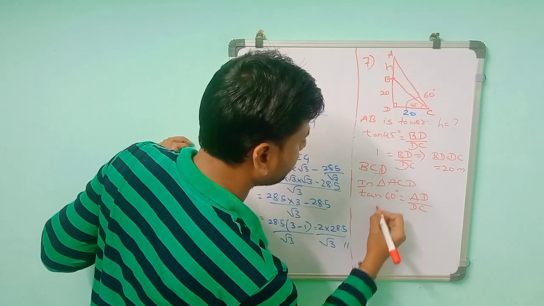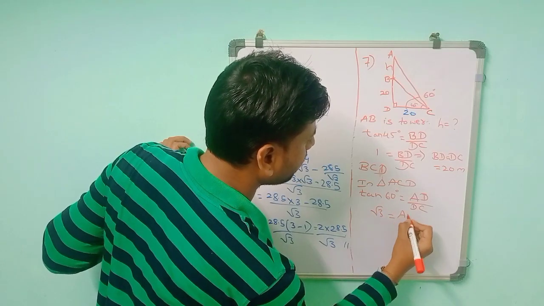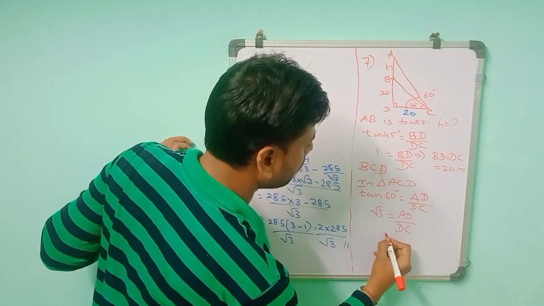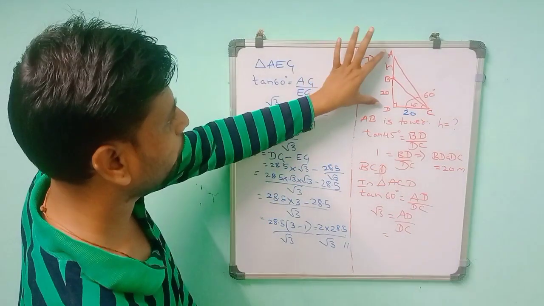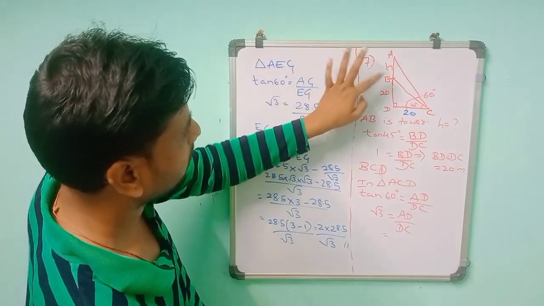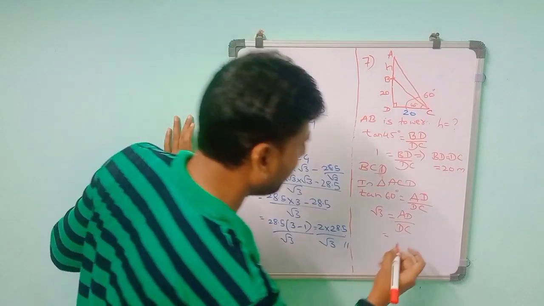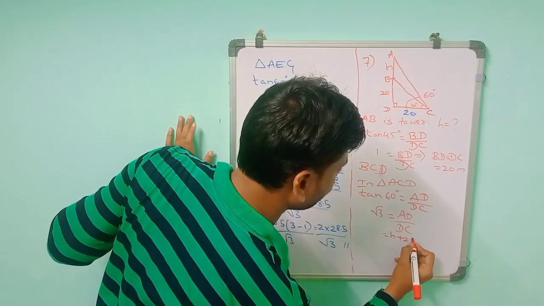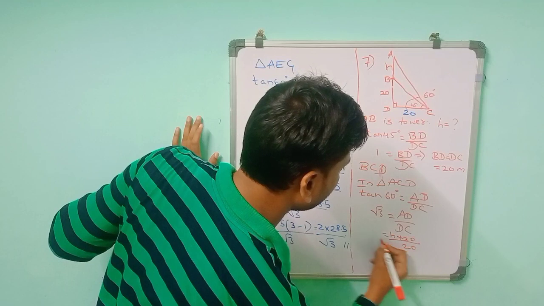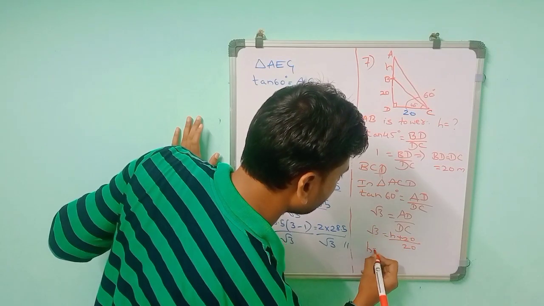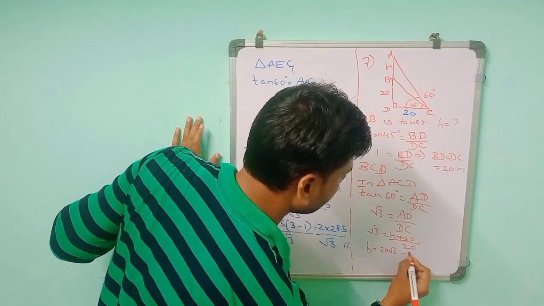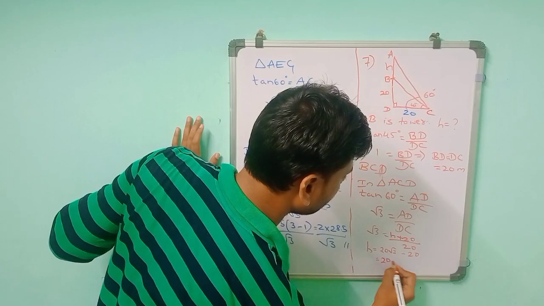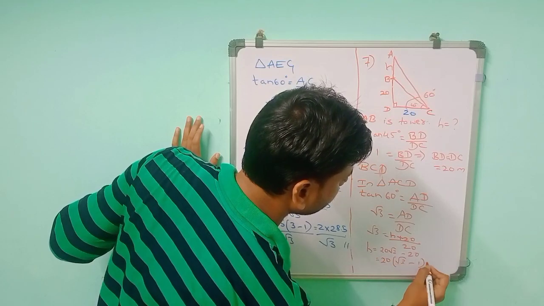So tan 60 is root 3, this is AD divided by DC. AD we can write as AB plus BD. So that is H plus 20 divided by DC, which is 20. This is root 3. So H will be 20 root 3 minus 20.